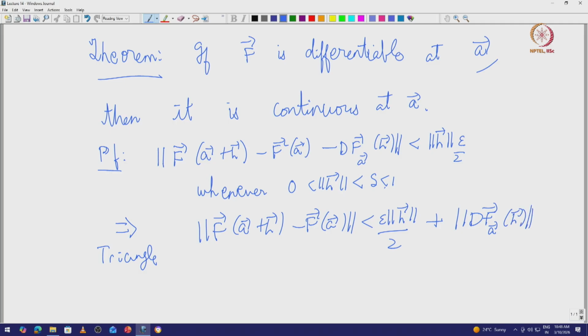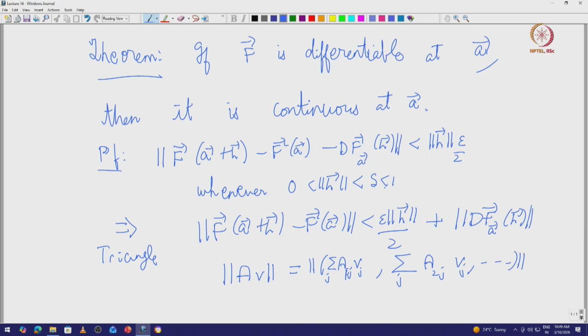Yeah? Now at this juncture, notice that if you take any norm, and suppose A is a matrix and V is a vector, right? This is the norm of what vector? It is the sum of A1j Vj, A2j Vj, and so on.